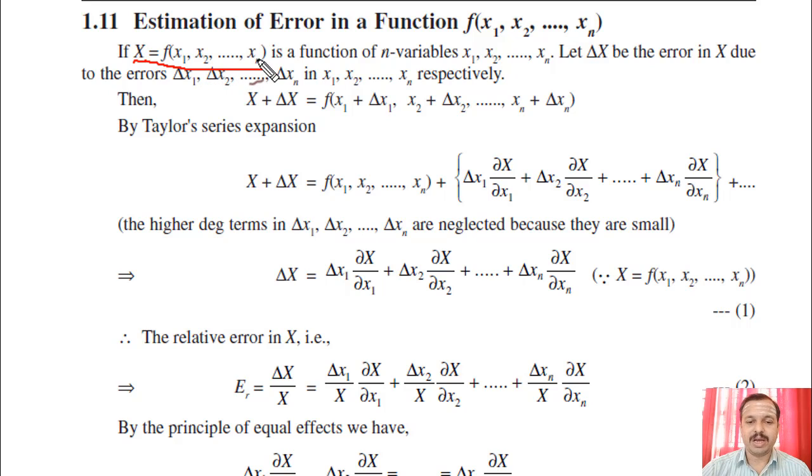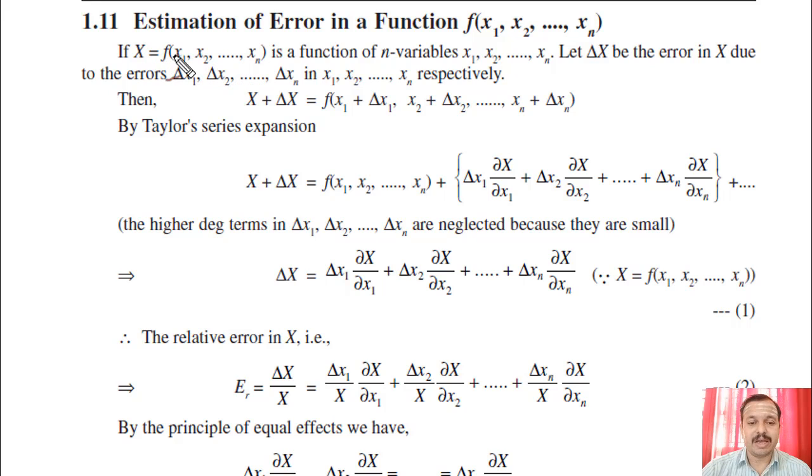Now, if delta x is the error in the capital X, this error arises because there will be errors in the variables small x1, small x2, ..., small xn.